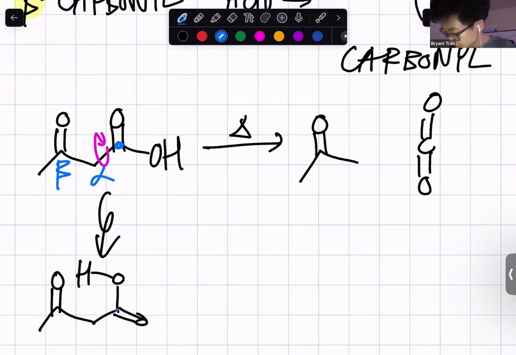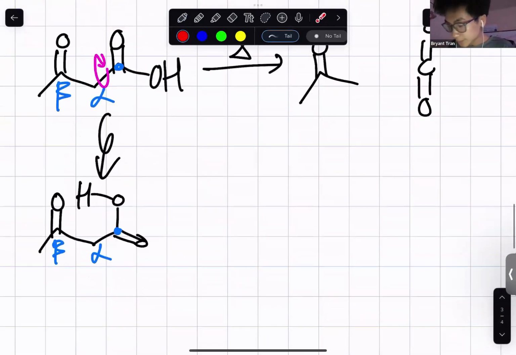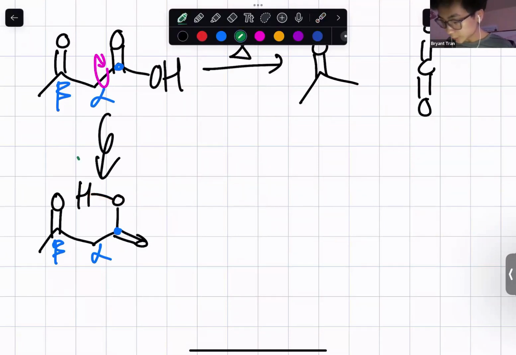This is the carbonyl carbon, this is the alpha carbon, this is the beta carbon. The carbonyl carbon has the carbonyl group, and the OH is up here now. I explicitly drew out the bond between O and H to show the mechanism clearly. This H has a partial positive charge, this oxygen has a partial negative charge. They are very attracted to each other because they can do H bonds with each other, and they have opposite charges.